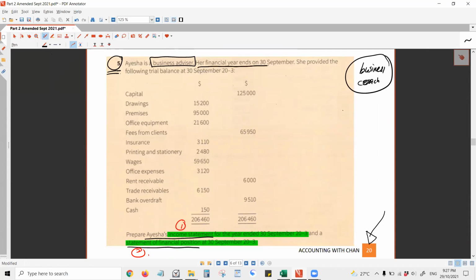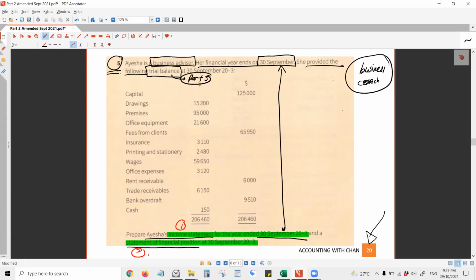Her financial year ends on this day. We already know, and they have given you the year end here as well. Provided the following trial balance. What a trial balance is, I tell you in the future. For now, just take this as a list of items given to us. You will learn trial balance in part 5.